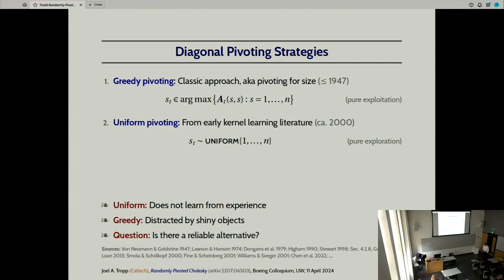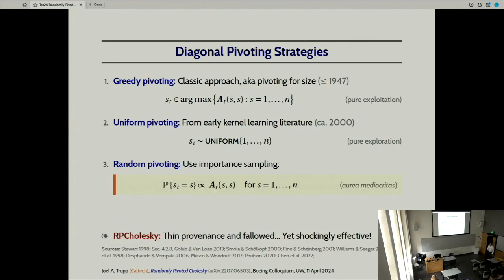Okay, so what else might you do? Well, we want some combination of these strategies, the aurea mediocritas. This is what we call random pivoting. It's a method of importance sampling, where we take seriously the idea that the diagonal has information in it, but that information is imperfect. So instead of picking the biggest diagonal entry, or just one at random, we're going to sample a column in proportion to the size of the diagonal entries of the current residual.